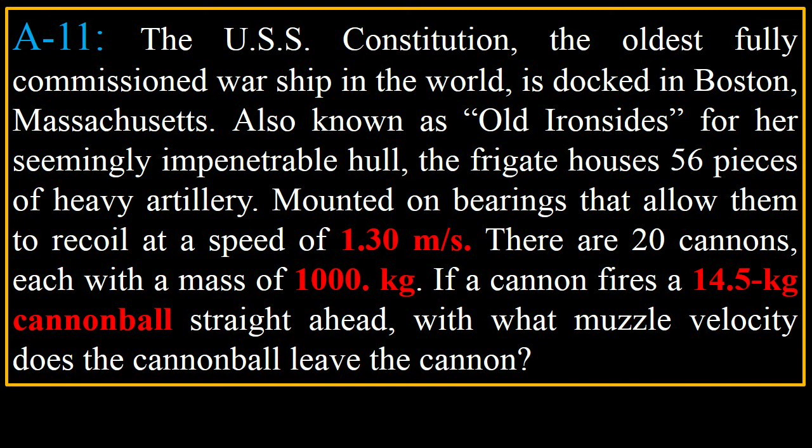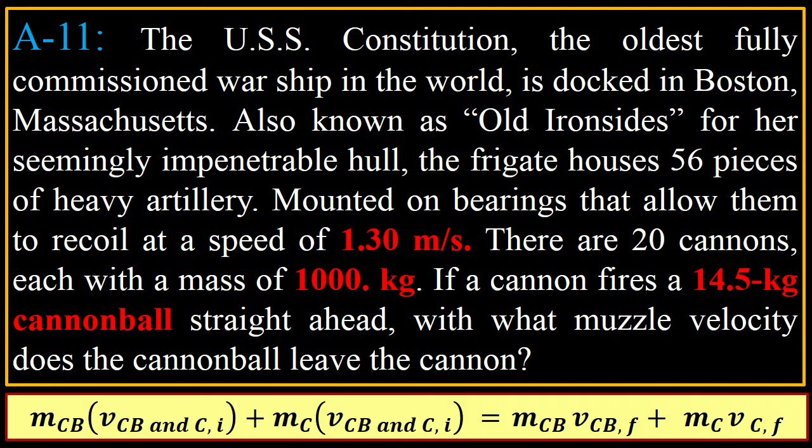There are 20 cannons, each with a mass of 1,000 kilograms. If a cannon fires a 14.5 kilogram cannonball straight ahead, with what muzzle velocity does the cannonball leave the cannon?